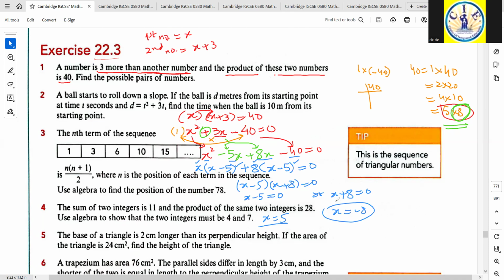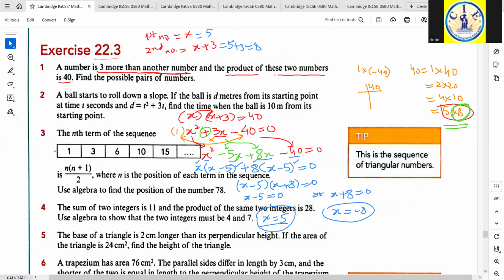Now if one of the numbers is x, that is 5, then the other number in that case is going to be 5 plus 3 equals 8.